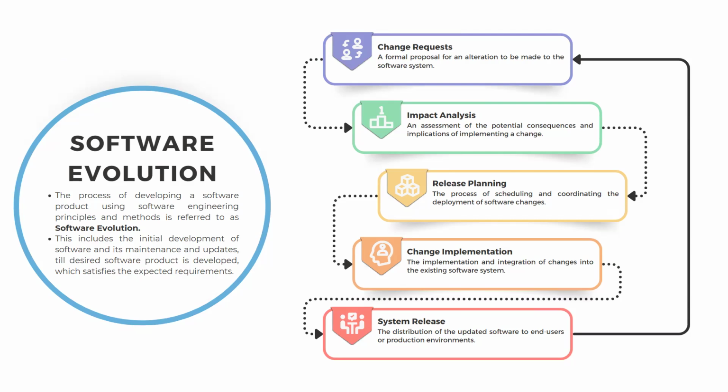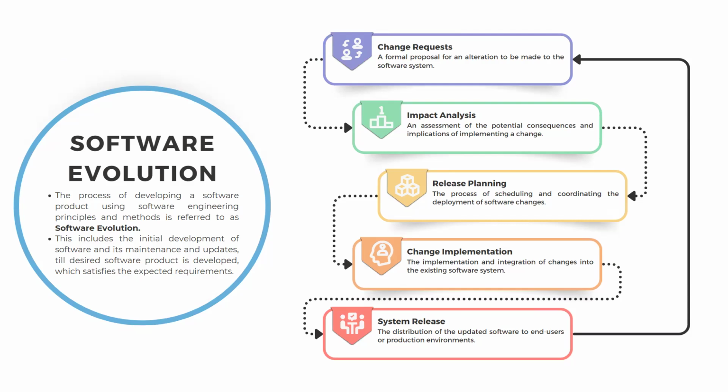After this team understands the requirements of the client, it goes to impact analysis. Impact analysis means an assessment of the potential consequences, what can be achieved, or what implications can happen, which are completely analyzed in this phase. Once this is done, it goes through planning, scheduling, and coordinating the deployment of software changes, and this is known as release planning.